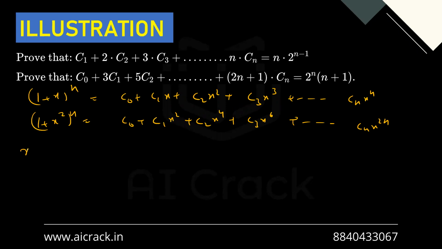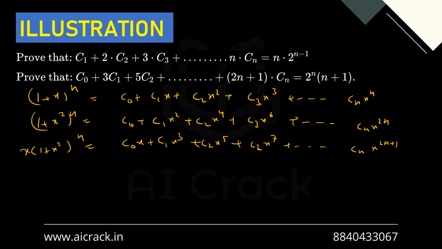So if I multiply x over here, I'll be getting x times (1 plus x square) raised power n equals C0x plus C1x cube plus C2x raised power 5 plus C3x raised power 7 till Cn x raised power 2n plus 1. Now if you differentiate it, then definitely you will be able to see the 3 coefficient over here, 5 coefficient over here, 7 coefficient over here, right? And after that you just have to plug in the value 1. So that is method 1 for doing the second equation.